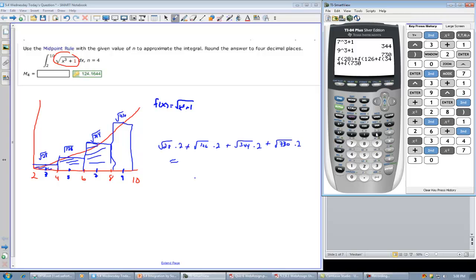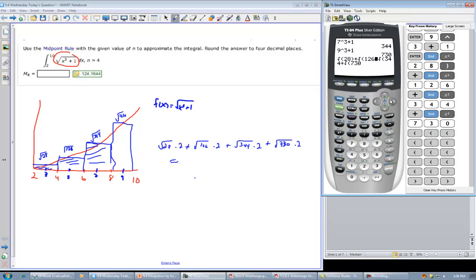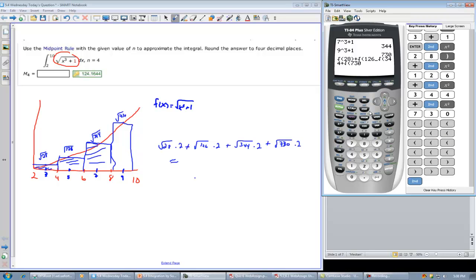Hit enter. Oh, let me mess this all up. Right, I have to put parentheses after all these. So come back up here, and I better put parentheses, otherwise it won't be right. Second insert. I have to put a parenthesis here. Put a parenthesis here. Now it'll be fine.